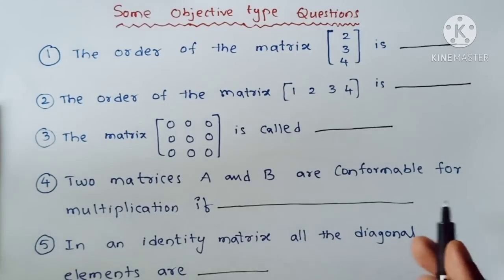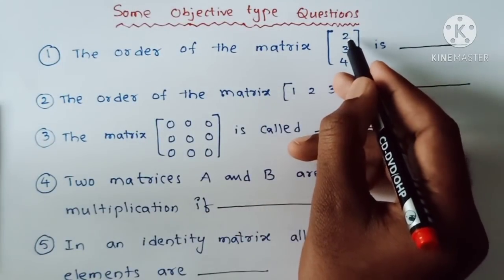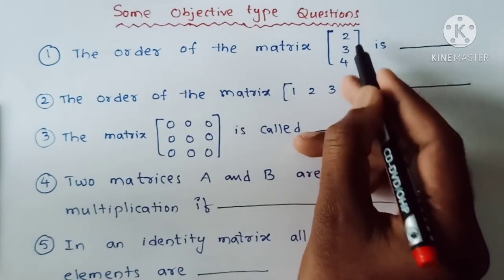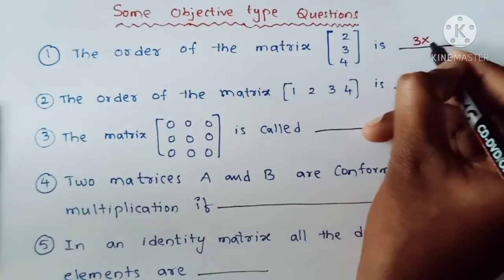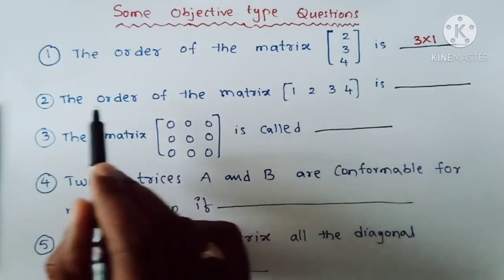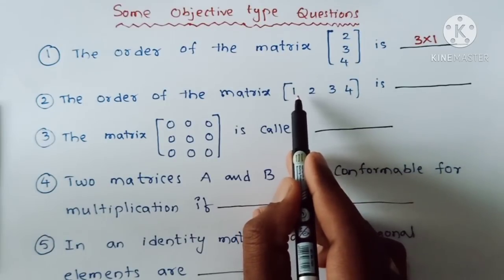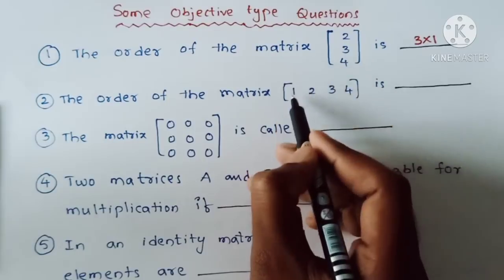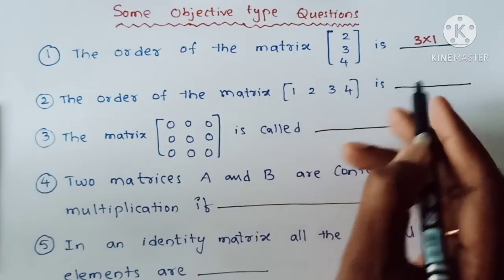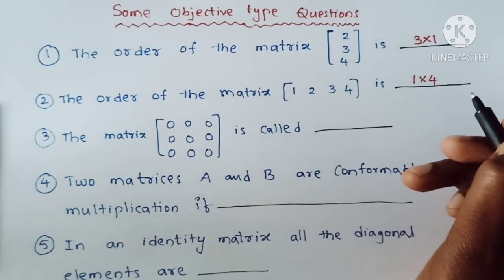And the answers: the order of the first matrix, with 3 rows and only 1 column, is 3 by 1. For the second one, the matrix has only 1 row, but the columns are 1, 2, 3, 4, so this is a matrix of order 1 by 4.